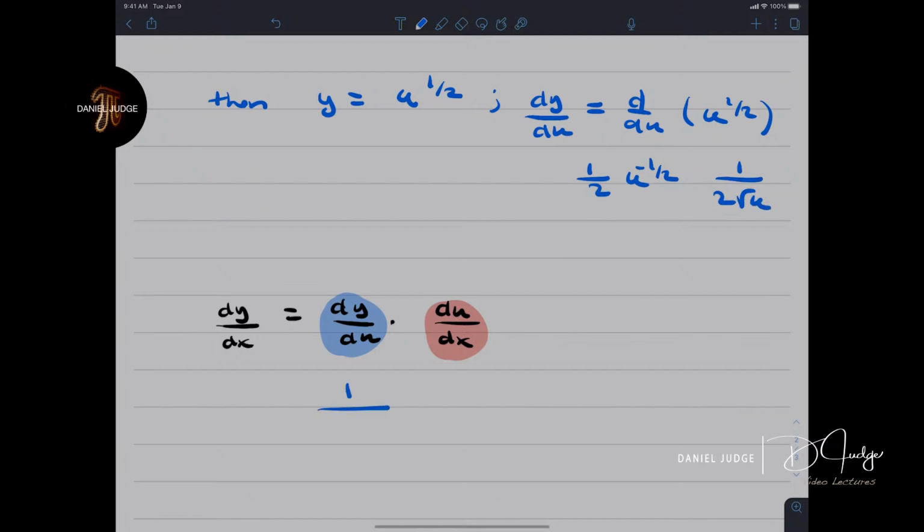So I have 1 over 2 square root of u for dy du.